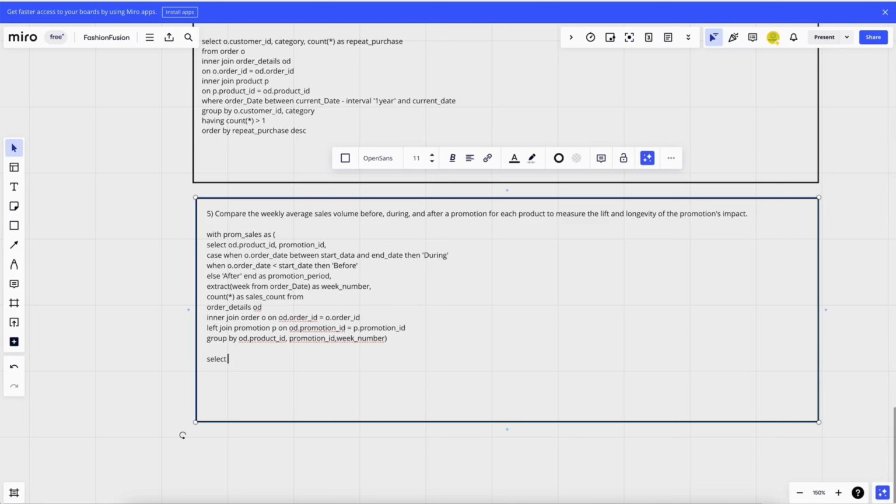So let's start with select product ID, week number, and let's say sum of case when promotion period is equal to, let's start with before. And similarly for the other two, I'll just copy this one.